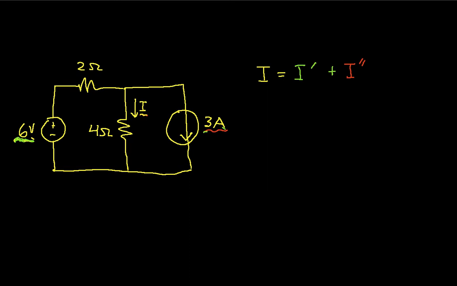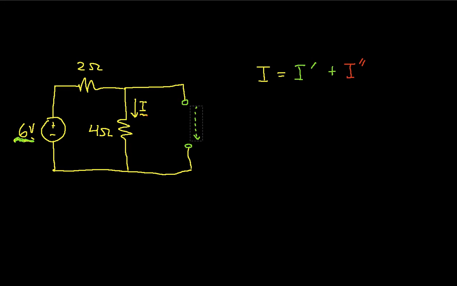To make a current source go away, we just basically cut it out and leave an open circuit. An open circuit is something where no current flows from here to here, no matter how high the voltage across that is. In other words, I set the current source to 0.